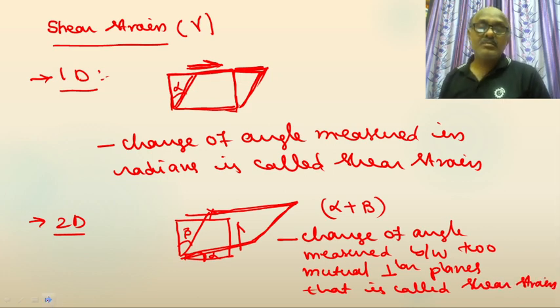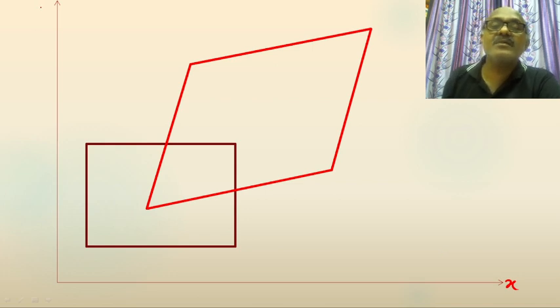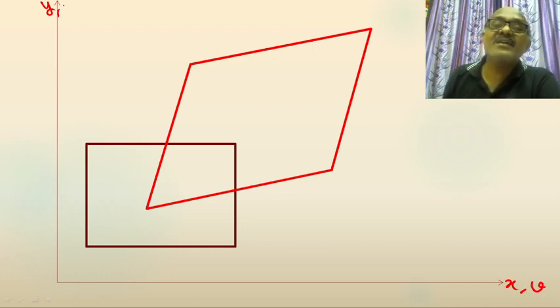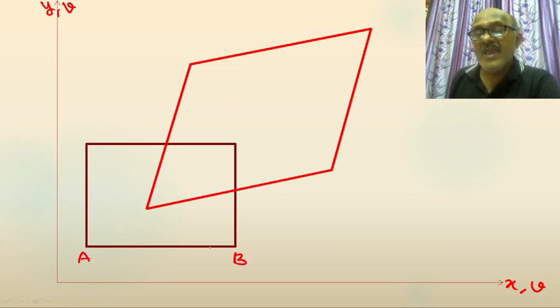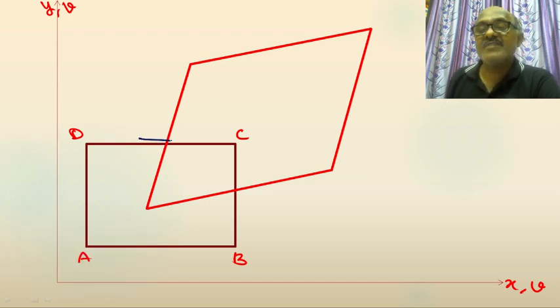Now coming to shear strain here. Now this is the x-axis direction, this is the y-axis. The x-axis direction displacement is u, the y-axis direction displacement is v. Now consider this is a differential element A, B, C, D. Now I am applying force in this direction and this direction.